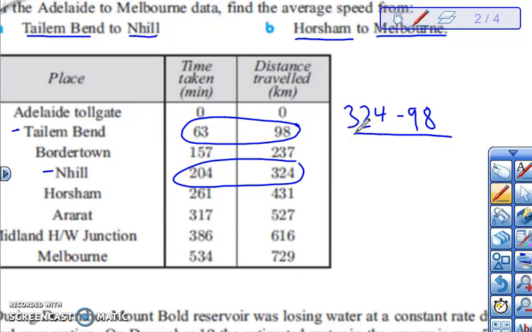And then on our time scale, we started counting at 63, and we stopped counting at 204.